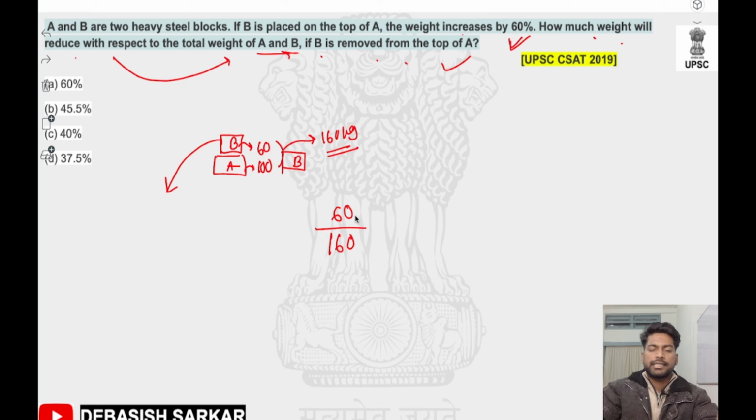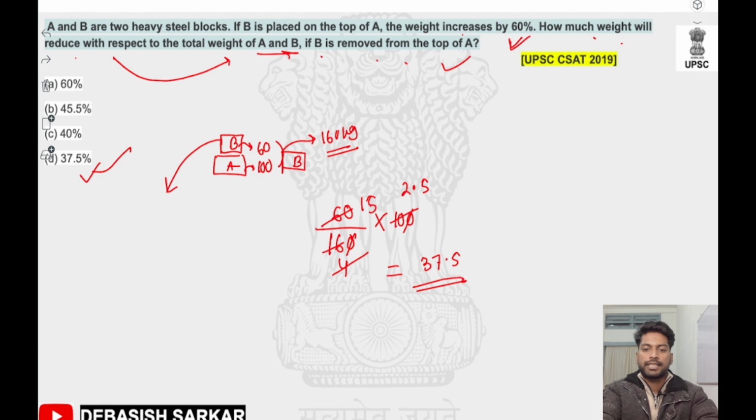Yeah, so 60 kg is reducing, and if you want the percentage, just multiply with 100. Total weight was 160 and we are removing 60, so with respect to A and B, so this is your 0 and 0 gone. 4 से काटेगा 4, 4 से काटेगा 15, 4 से काटेगा 10, this is 2.5. So 15 into 2.5 means 37.5. So 37.5 is the answer. Chalo, next question.